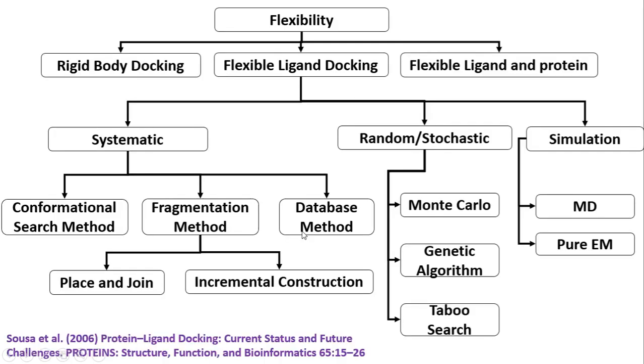Okay, so now this is a map of what we are going to deal with in pose prediction. Depending on how the flexibility of the ligand is handled while you generate the complex of your protein and ligand, you can classify different pose prediction algorithms. So you have three main approaches: rigid body docking approach, flexible ligand docking approach, and flexible ligand and protein approach.